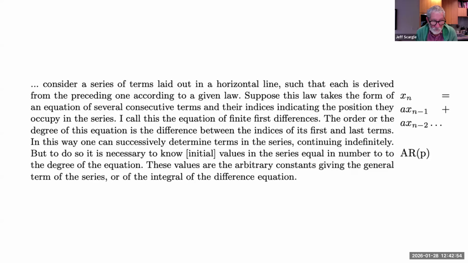But to get anywhere, you need to know the initial values. By the way, there's a little typo. I've tried to parallel the formula that we'd write today. It should be different coefficients for these two terms. Any guess as to who said this and when?